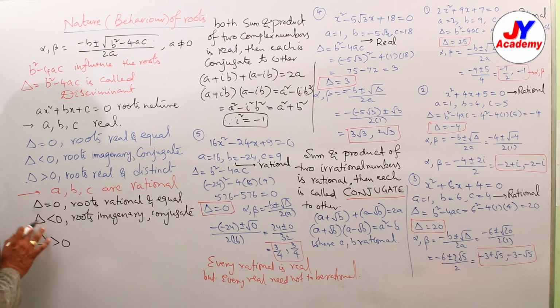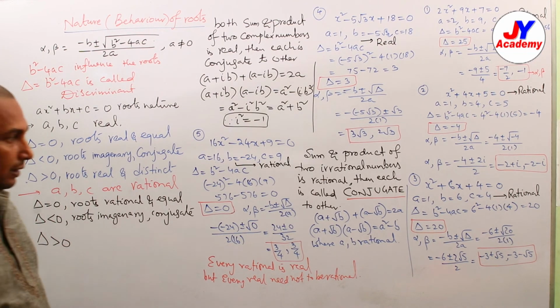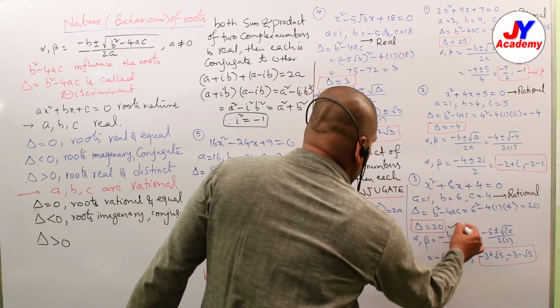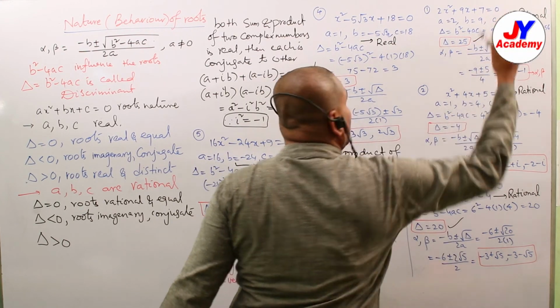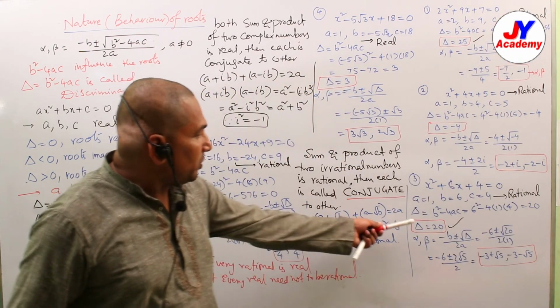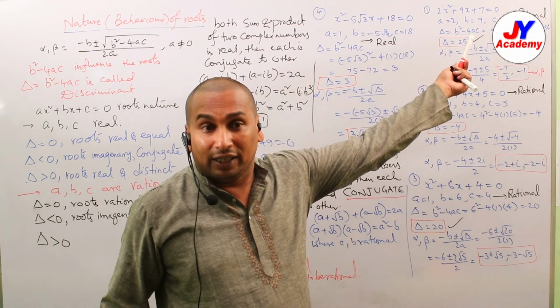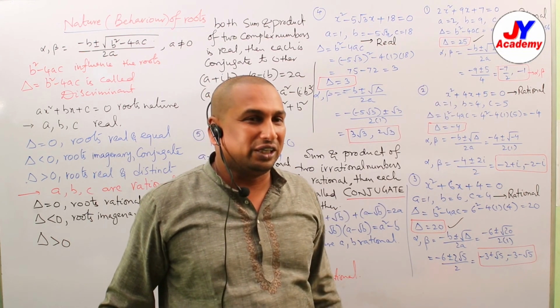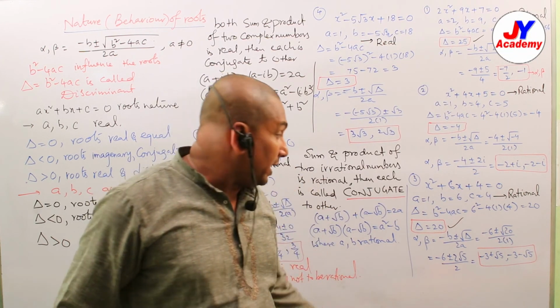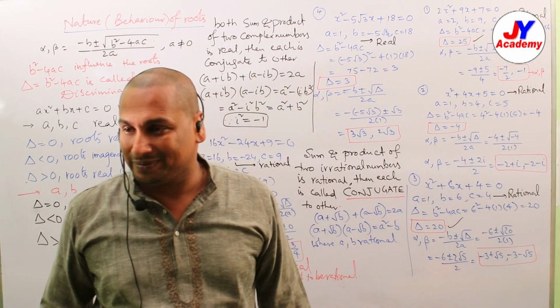Delta greater than 0. See, if you observe, this is also delta greater than 0. What is the difference between these two? If you observe, 25 is a perfect square, whereas 20 is not a perfect square.